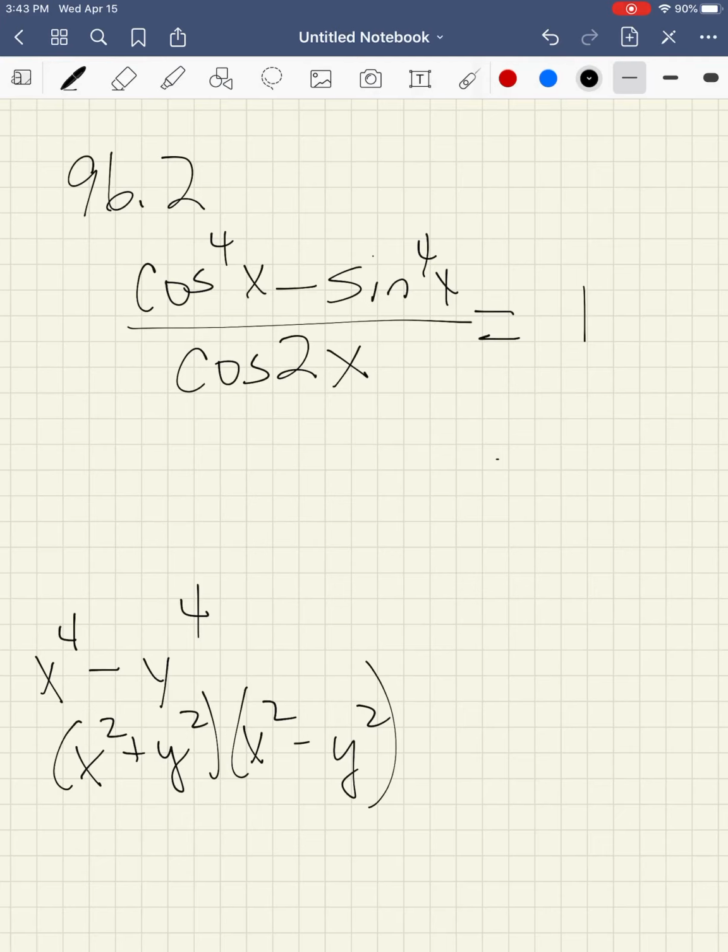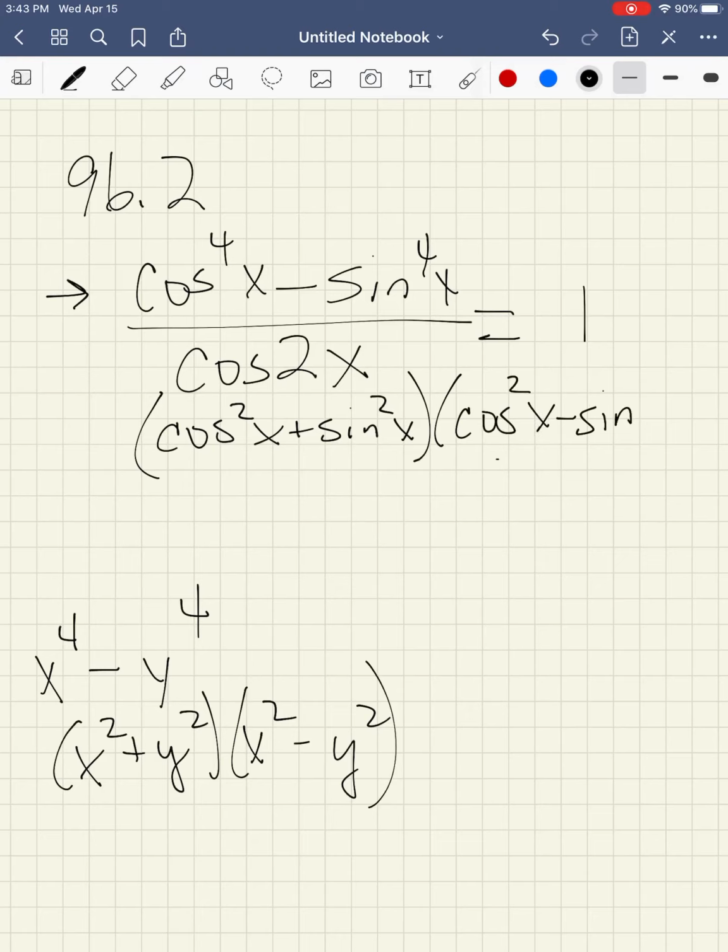Okay, so now look at this. How do you suppose that's going to factor? Okay, it's going to factor into cosine squared of x plus sine squared of x times cosine squared of x minus sine squared of x.